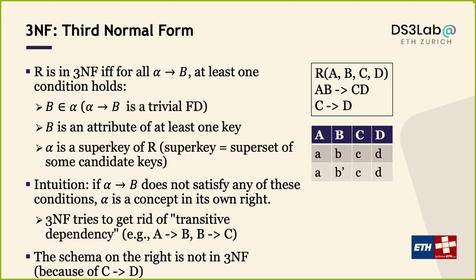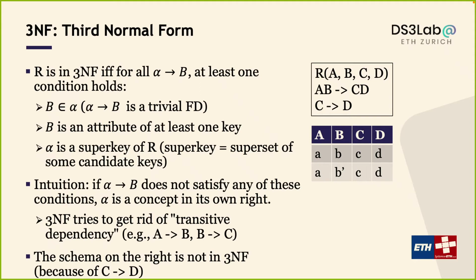Also, you can see the example on the right-hand side. The design that we wrote, which is in second normal form, is actually not in third normal form. Why? Let's check each of these conditions for the functional dependency C decides D. First, C to D is not trivial, since the right-hand side is not part of the left-hand side.